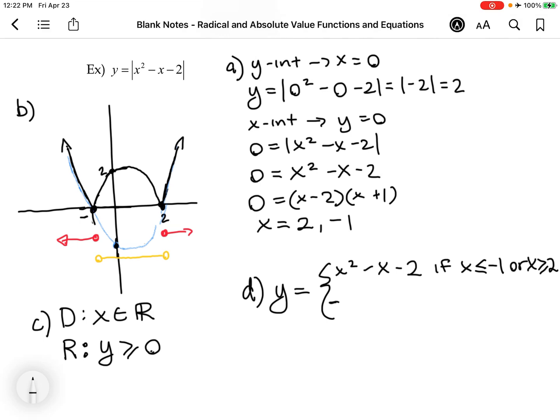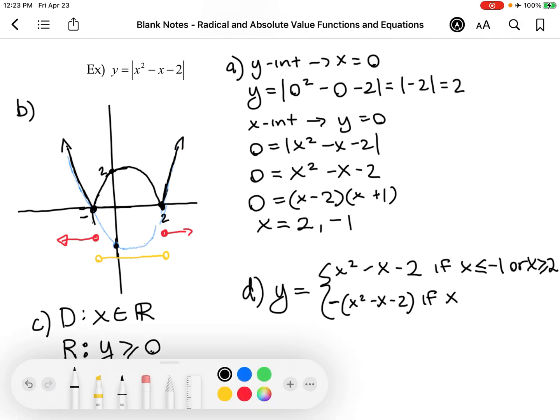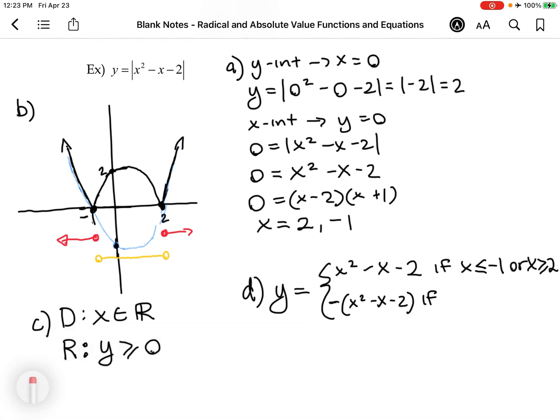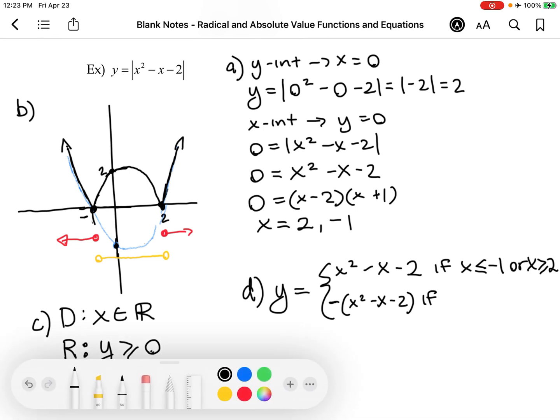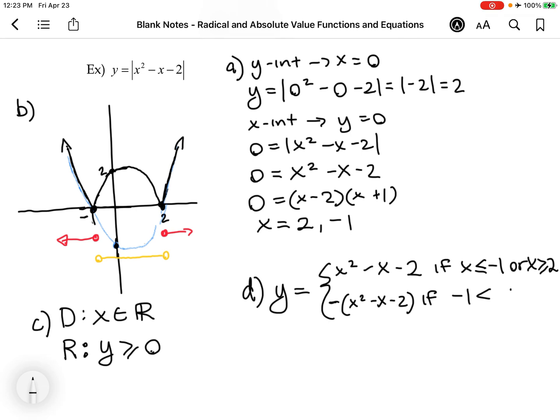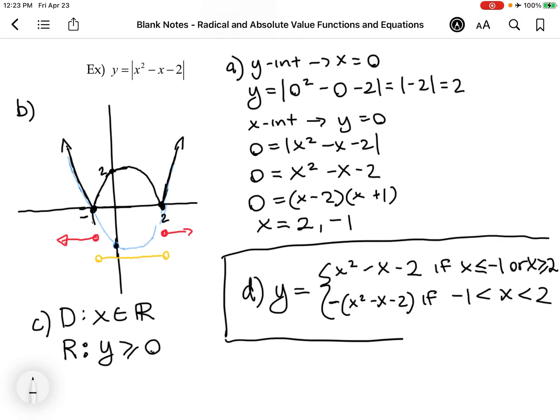And y is equal to the negative of that function, negative x squared plus x plus 2, if x is between -1 and 2 exclusive. So actually, I'll do that as a double inequality: if -1 is less than x is less than 2. Okay, so that is how you would write out the piecewise function.